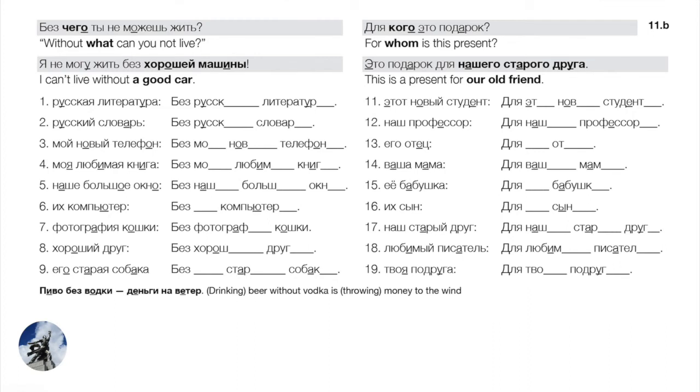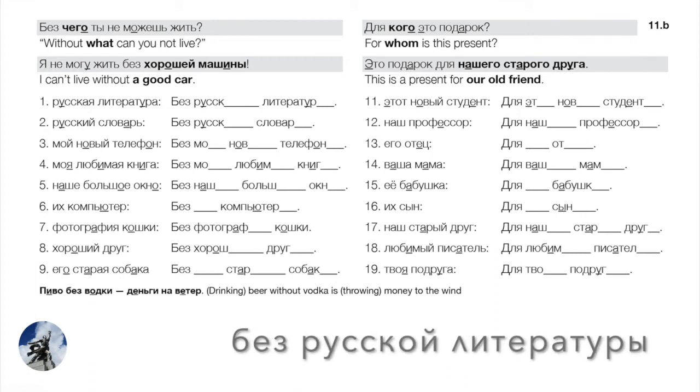Okay, let's say things like я не могу жить без хорошей машины. I can't live without a good car. Okay, again, following без, we've got to have genitive. So we need to think what gender word are we dealing with here? What endings do we need? And watch out for spelling rules. Okay, I can't live without Russian literature. Я не могу жить без русской литературы.